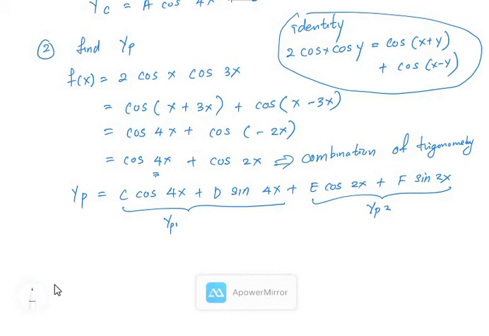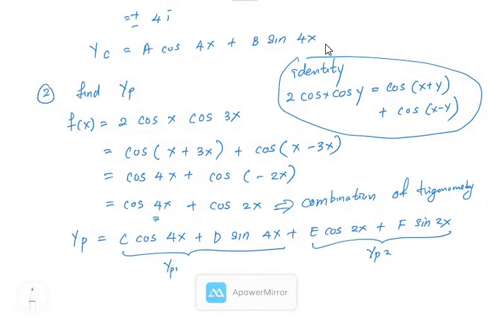And then we check whether this YP is the same as the YC or not. Same or not same? A cos 4x, C cos 4x is the same. So if it is the same, we have to multiply the YP by x.